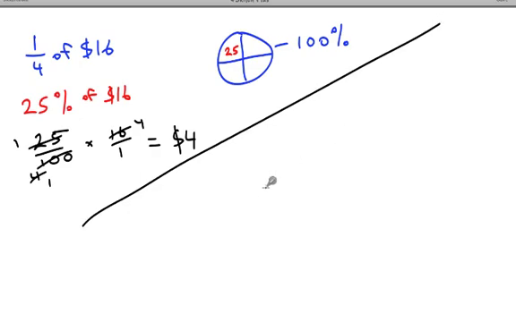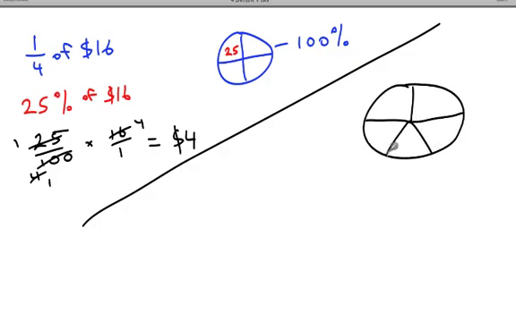Now, another question that we had was, and we drew a pentagon for this one, but let's just use a circle. We were talking fifths in this question. The question was, what's 3/5 of $30? So the whole amount here was $30. And we worked out that each fifth must have been 6.